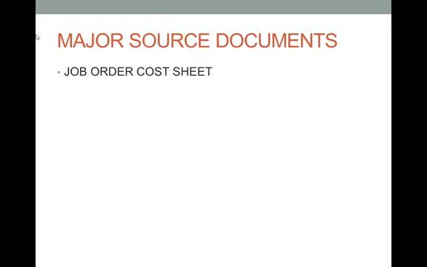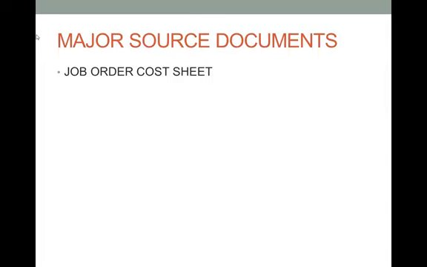And then, the file of job order cost sheets for uncompleted jobs has a perpetual book inventory and the subsidiary ledger for work in process account. And last, a separate cost sheet is prepared for each job. That is why it is a major source document.